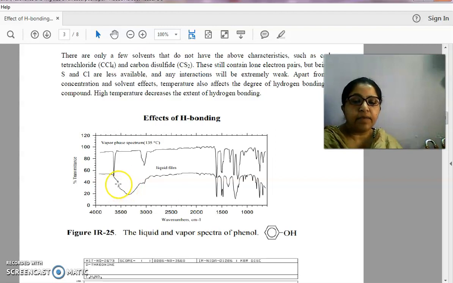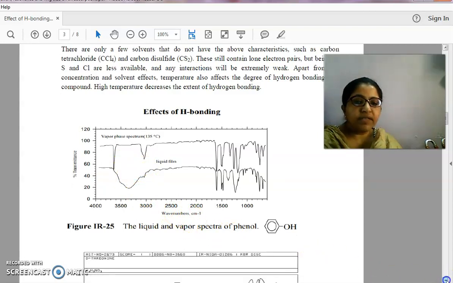See, here the peak is around 3600, whereas here the peak is around 3400 or 3300. So it has shifted to the lower frequency, and also the number of OH groups coming together is more. More molecules come into association, and therefore it has a broad peak.